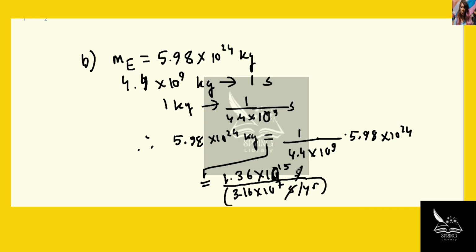Note that the seconds drop out, and what we end up with is something very close to 4.3 times 10 to the 7 years. Remember, 10 to the 6 is a million, so 10 to the 7 is 10 million. So this is about 43 million years that it takes for the sun to lose a mass equivalent to that of the Earth if it's radiating at that rate.